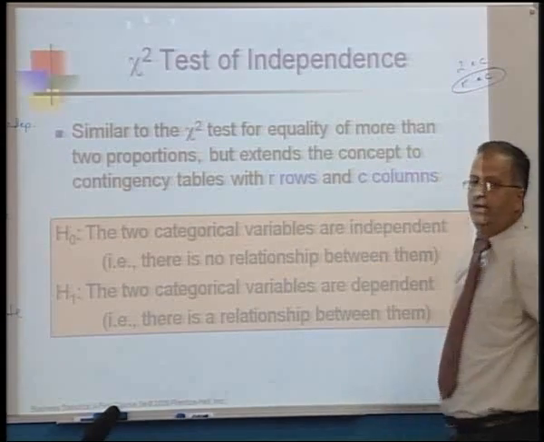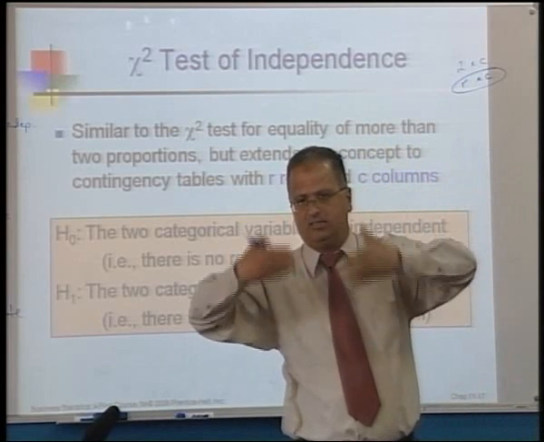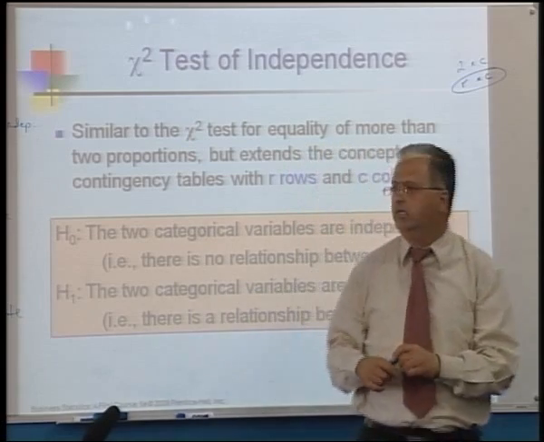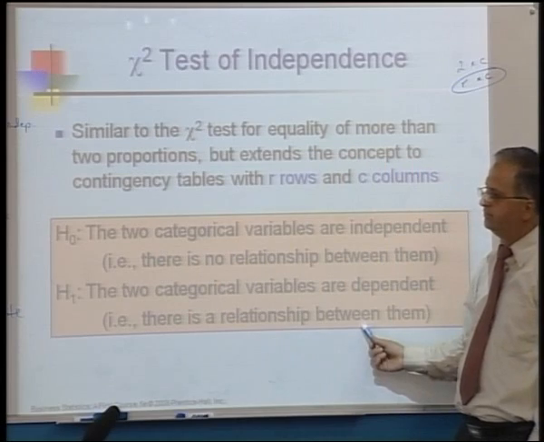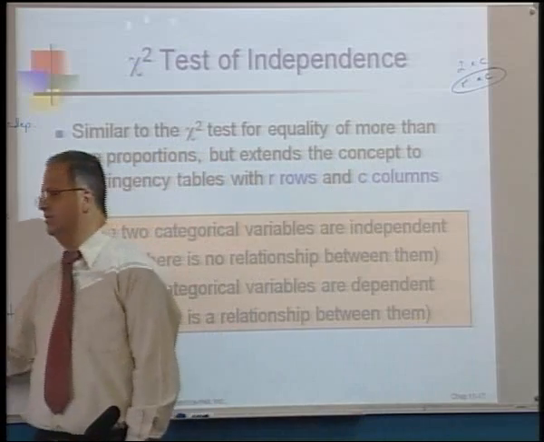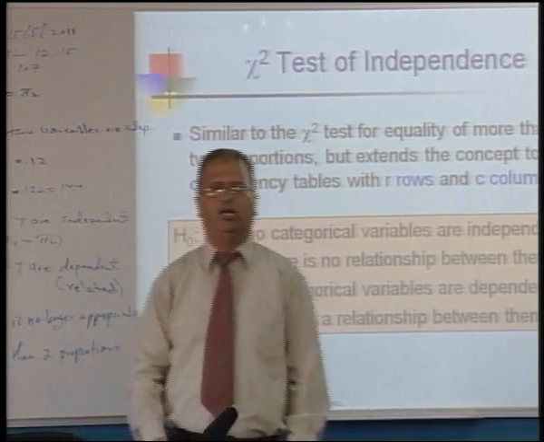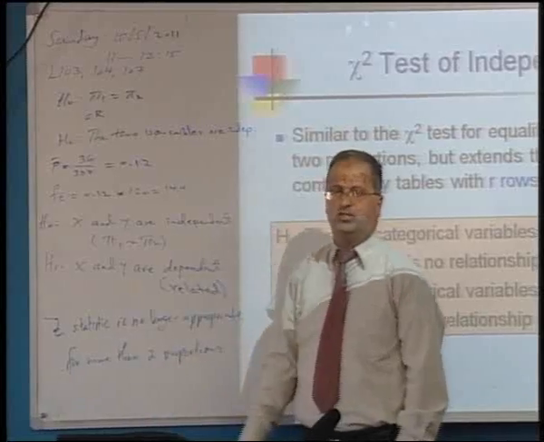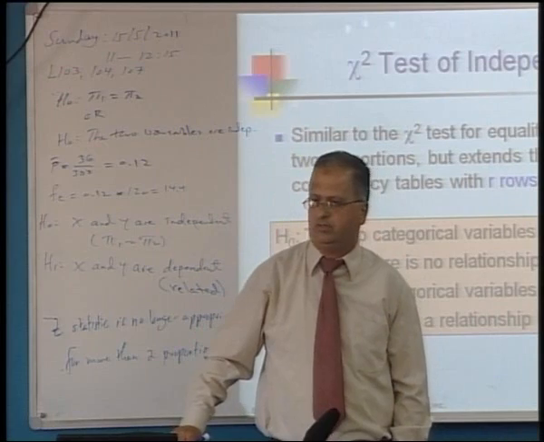So we have the case R by C. In general, there are R rows and C columns, and the question is to test to see if the two variables are independent or not. In this case, you cannot use this statistic. One more time, this statistic is valid only for 2 by 2 tables. So we can use Z or chi-square to test if there is no difference between two population proportions, but for more than that, you have to use chi-square.